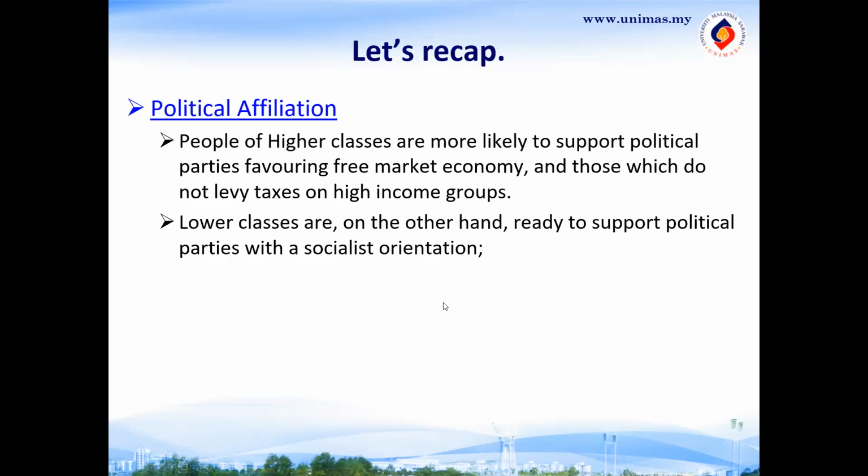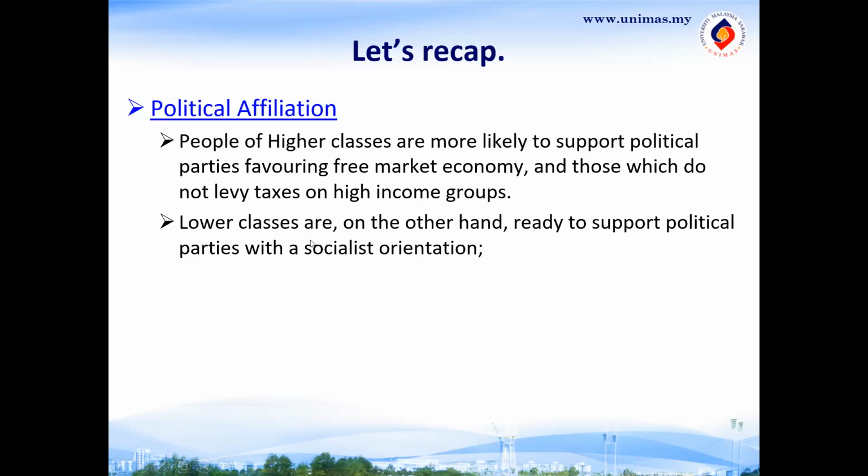On the other hand, lower classes are ready to support political parties with a socialist orientation. Jadi ini tadilah political affiliation, the higher classes tadi, for example, most of them are belonging to the Republicans, whereas the lower classes tend to support the Democrats.